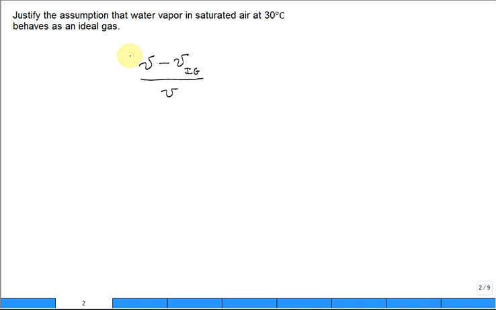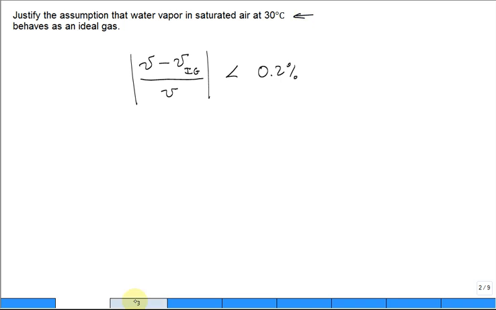That's our error. Maybe take an absolute value of that. And then we said, for a lot of cases, this is less than maybe 0.2%. I think it was less than 0.1% for this condition. It's a very small error.